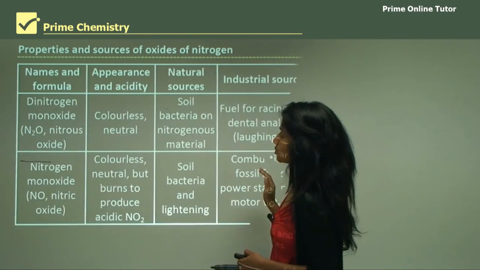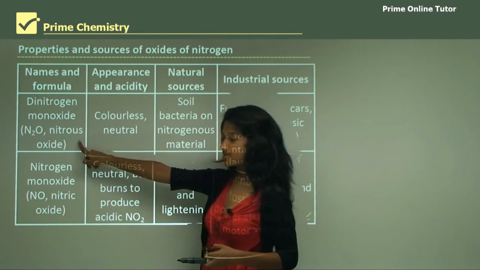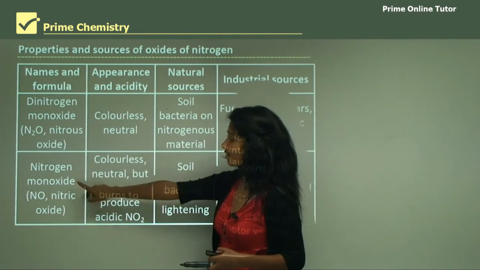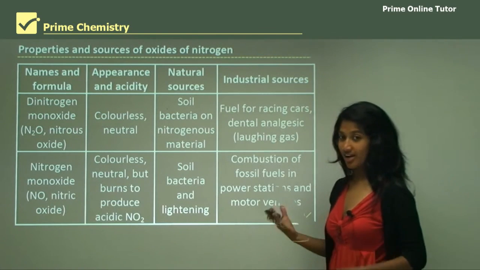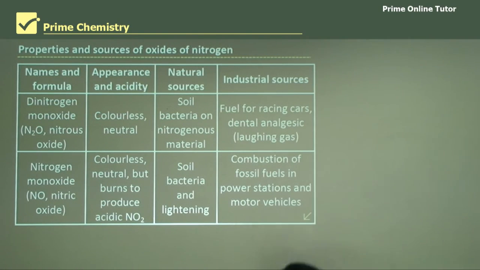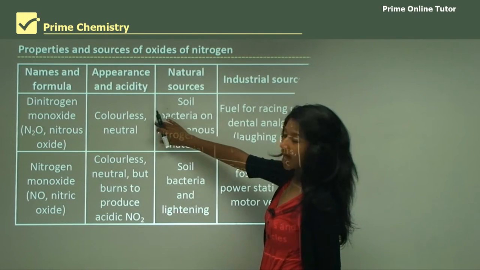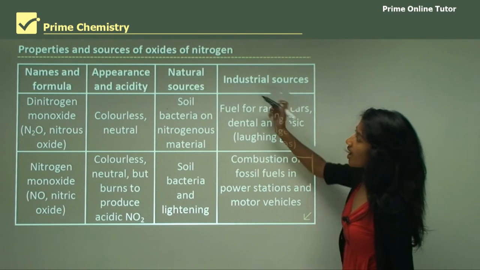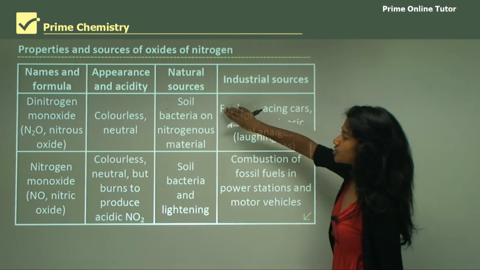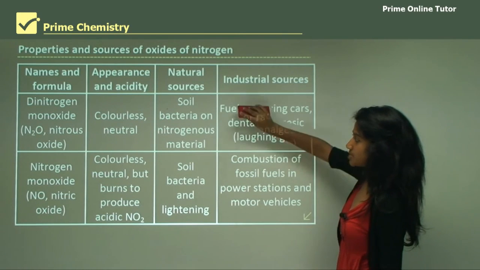the next table, which is where we are comparing dinitrogen monoxide, which is nitrous oxide, and nitrogen monoxide, which is NO, and which is nitric oxide. So dinitrogen monoxide is colorless, but it is not acidic, it's neutral. And the natural sources are usually soil bacteria or nitrogenous material.